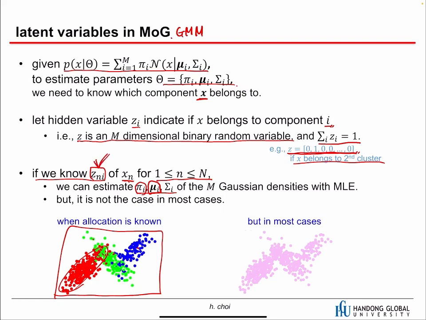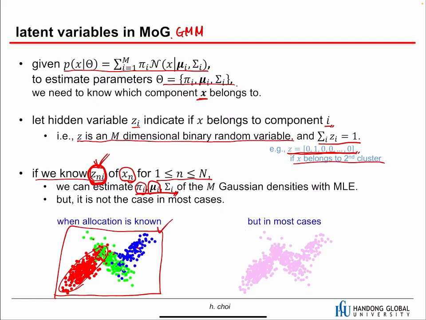Again, if we know which component xn belongs to, which means we have this variable, then estimating this one is simple.